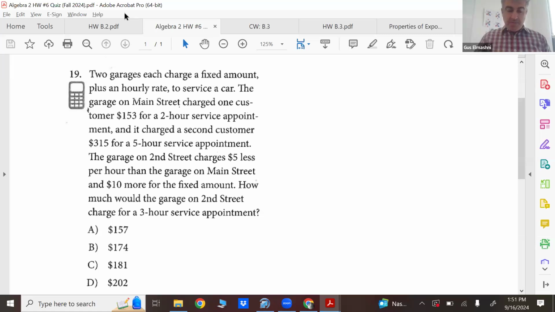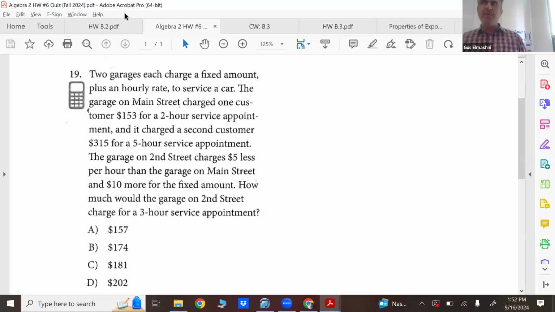I don't know if that's right. No, I think I'm right. Hold on. So that's one, that's the y and z. Is that the hourly rate, the amount of money per hour, right? Yeah, so then this is it.